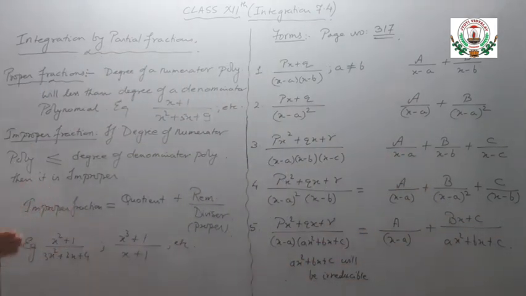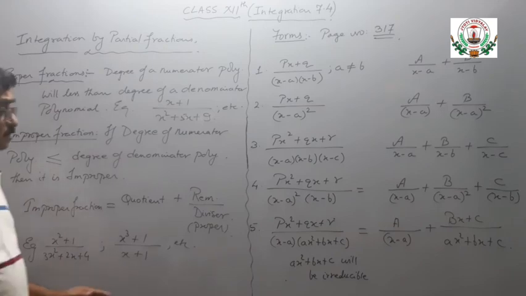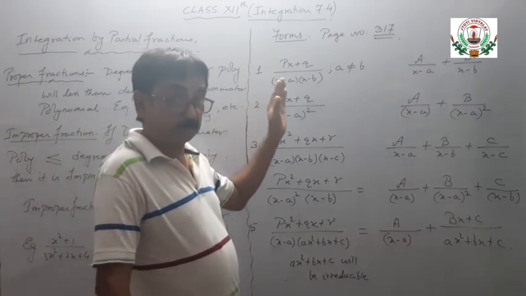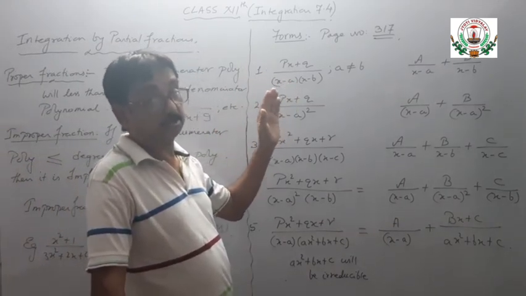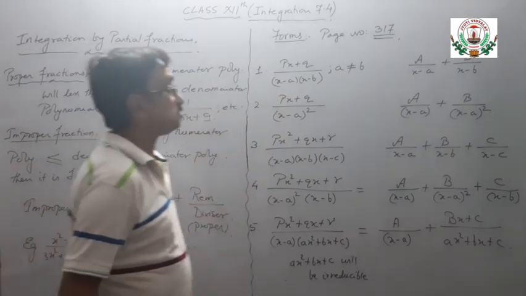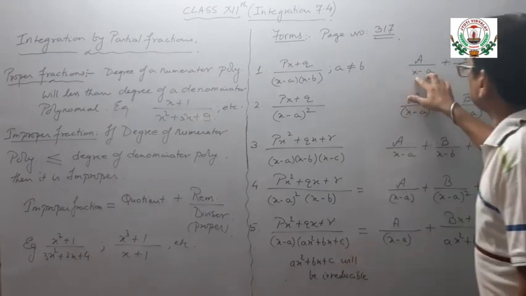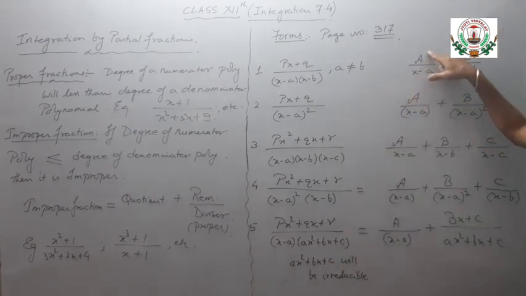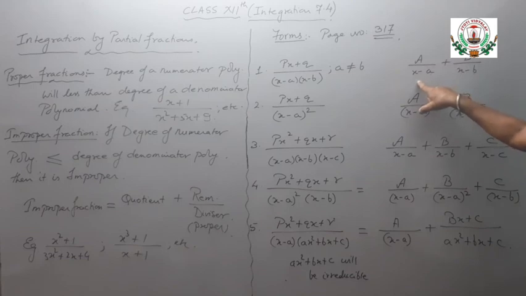As I told you earlier, every fraction must be a proper fraction. So you can see that its degree is 1, so in the numerator a constant will come, whose degree is 0. If I take bx plus c here, it will become degree 1 over degree 1, an improper fraction. So be careful. If it is linear, you have to take a constant.